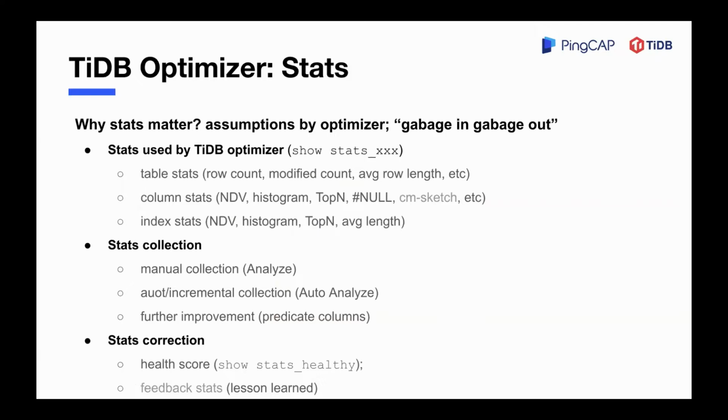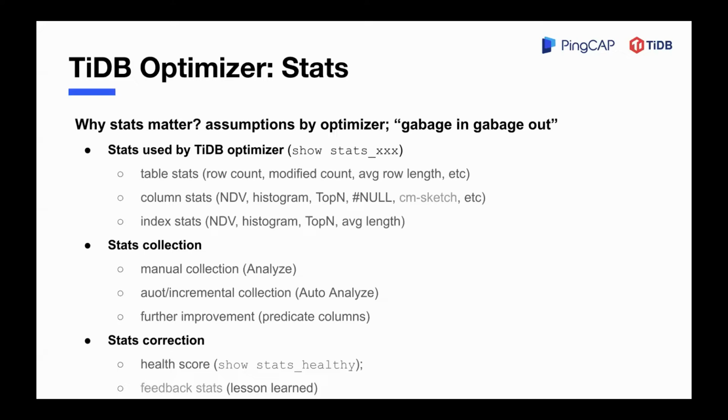The statistics really matter because the optimizer always makes some assumptions to do query optimization. For example, the optimizer will always assume uniformly distributed data, which means there's no skew. That's the first assumption the optimizer usually holds. The second assumption is that there's no correlation among the columns or among the different tables.